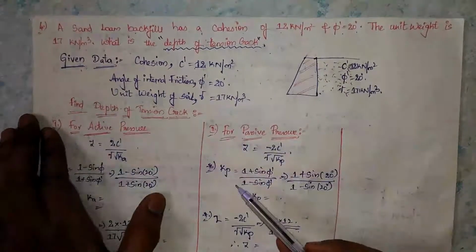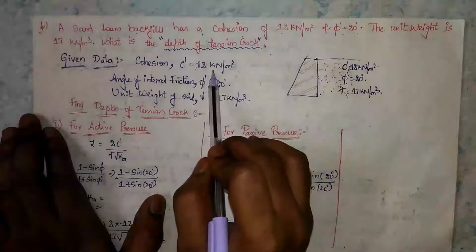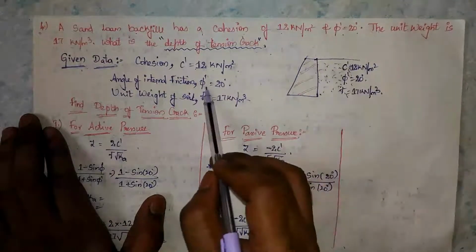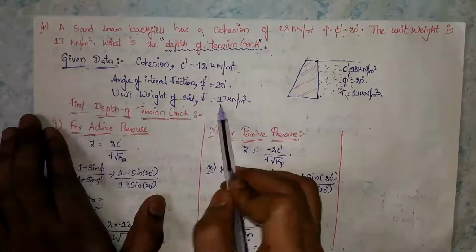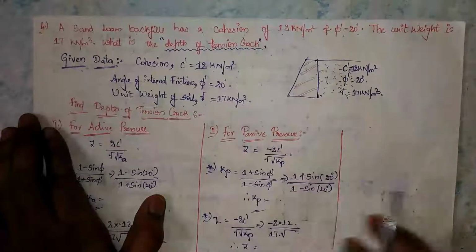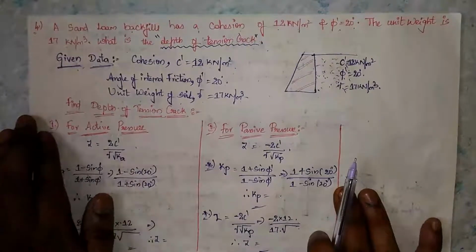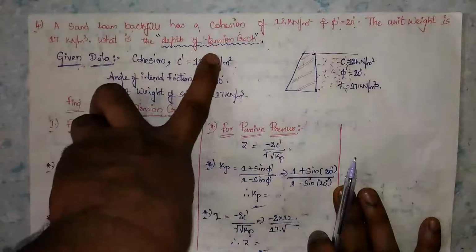In the given data, cohesion C dash equals 12 kilonewton per meter square, angle of internal friction phi dash equals 20 degrees, and unit weight of soil rho equals 17 kilonewton per meter cube. So draw a small sketch. He does not mention H, the height of the retaining wall; he only asks for the depth of the tension crack.